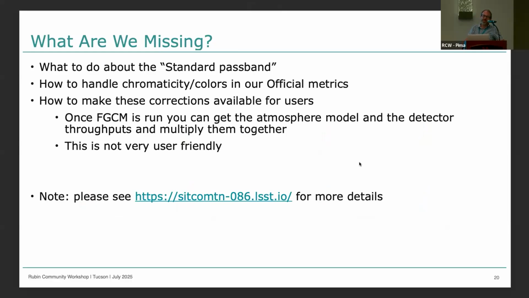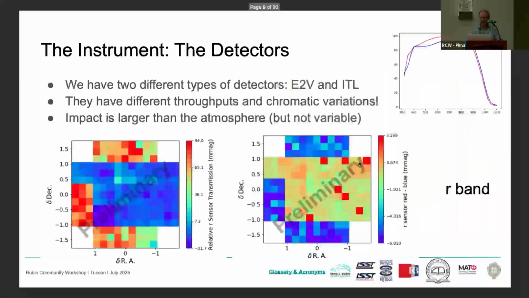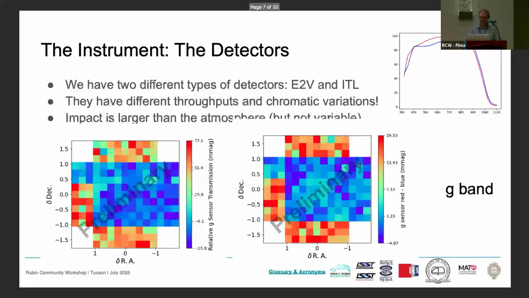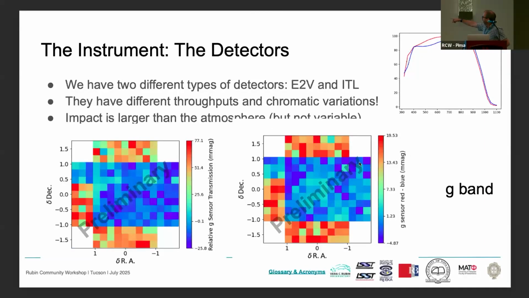You want to choose something that minimizes all the corrections, but looking back, for G, we've got very different passbands radially, E2V versus ITL. Do you take the focal plane average? Do you say, no, take the center of the focal plane, do the E2V average? I don't know if anyone has any opinions.